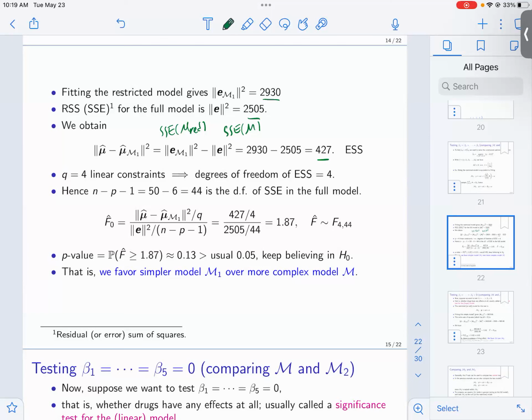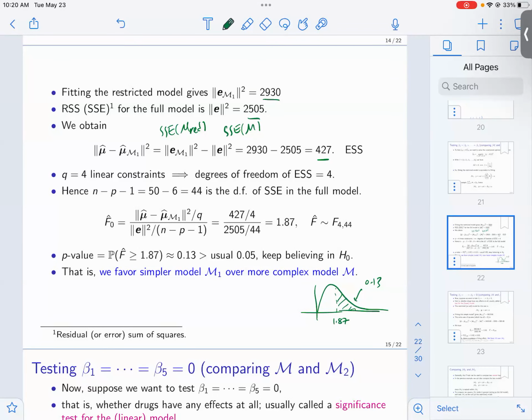The way you calculate it is just, is this extreme under the null distribution? So you have the F distribution, and you want to see how far in the tail you are. In this case, it's 1.87, and the mass above it is 0.13. So this is not that extreme. There's a 13% chance of observing something like that. Usually you reject if the chance is below 5%.